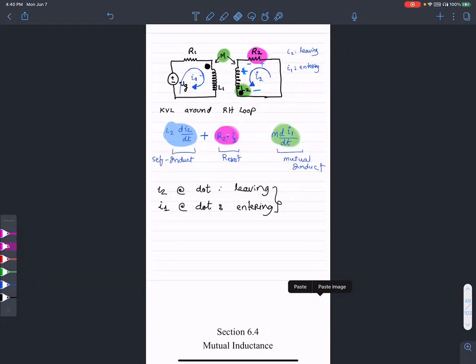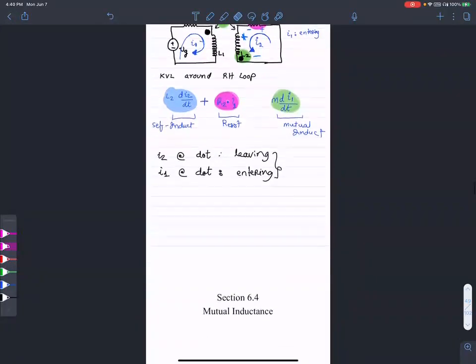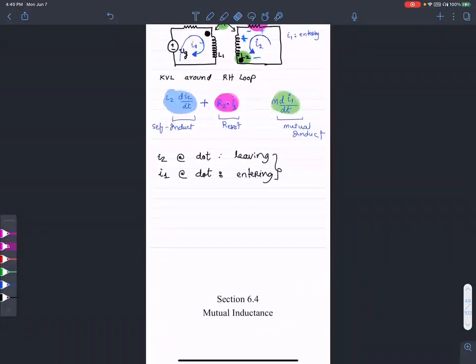I2 R2 plus L2 times di2 by dt, and then M di1 is a negative sign. When the reference direction for a current leaves the dotted terminal of a coil, the polarity of the voltage that it induces in the other coil is negative at the dotted terminal.